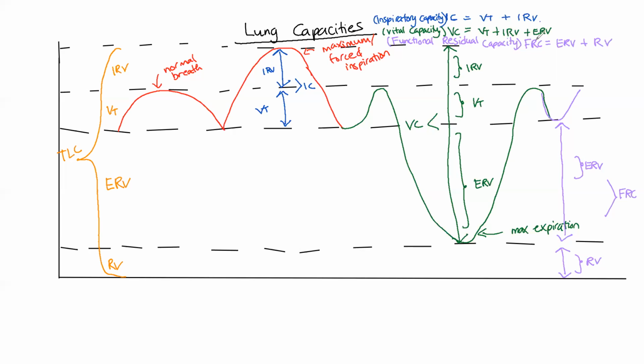I don't have much space over here, so I'm going to bring that to the bottom here. So our total lung capacity, where TLC is residual volume plus tidal volume plus inspiratory reserve plus expiratory reserve. Another way to think about this is residual volume plus vital capacity. Remember, all of this is vital capacity, and that is our total lung capacity.